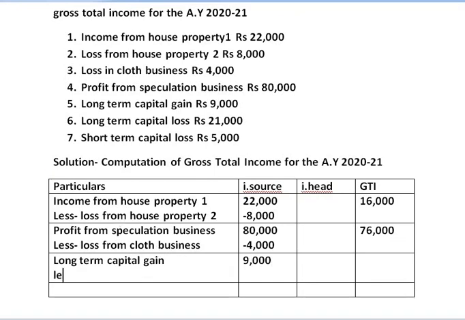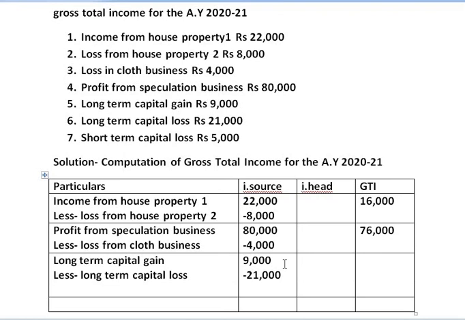Then deduct long-term capital loss for the current year, which is rupees 21,000, but we cannot set off 21,000 rupees because our gain is 9,000 rupees. So the balance of loss of rupees 12,000 has to be carried forward to the next year.